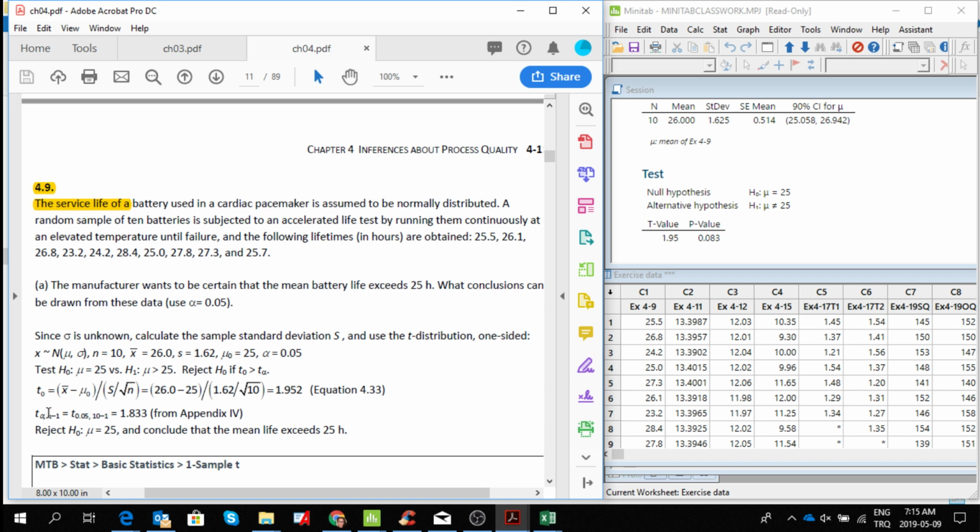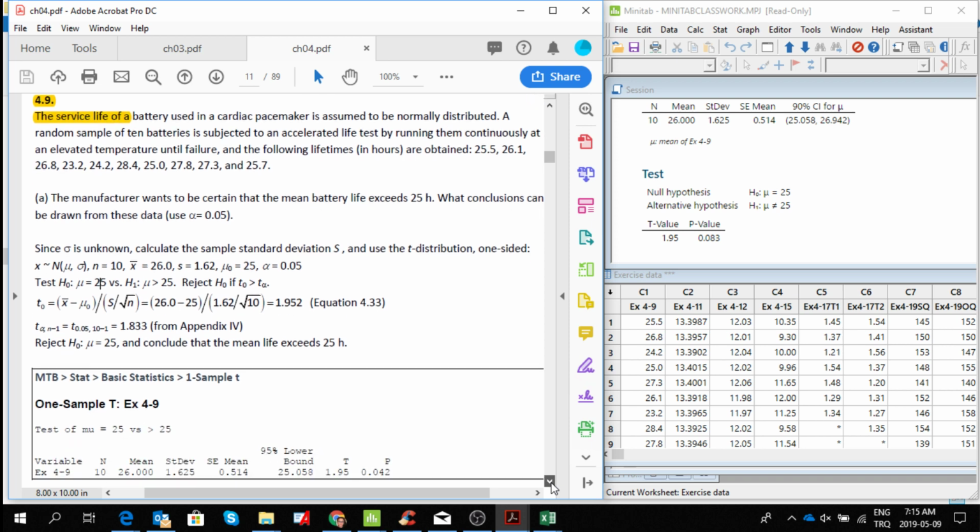And then next we compare this with t alpha, n minus 1 value. Alpha is 0.005 and degrees of freedom is 9. So we get this value from the t table. And when we compare these two, which is 1.952 and 1.833, we see that t naught is bigger than t alpha. Hence, we reject the null hypothesis.